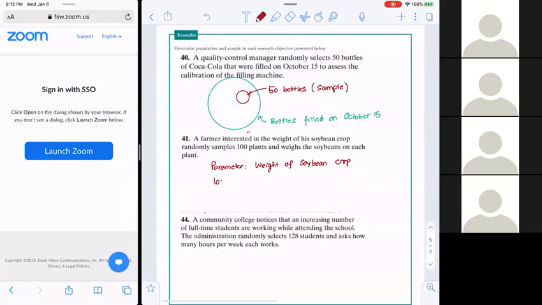So 100 plants from his farm would result in 100 weights for each crop. So that entirely would form the sample.